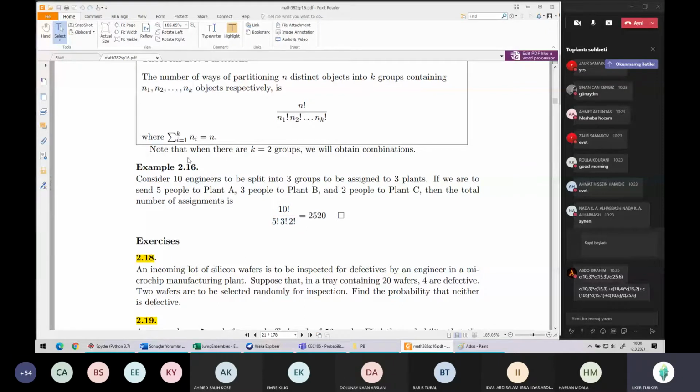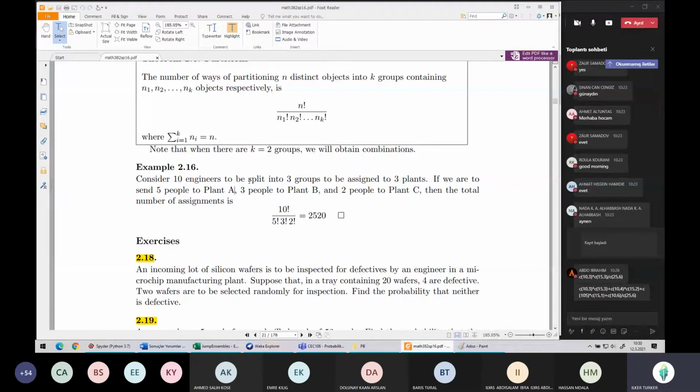As you see, if we had partitioned it to 2 different groups, we would obtain combination, right? For example, we have 10 engineers, 7 and 3 to 2 different plants, 10 factorial over 7 factorial, 3 factorial.